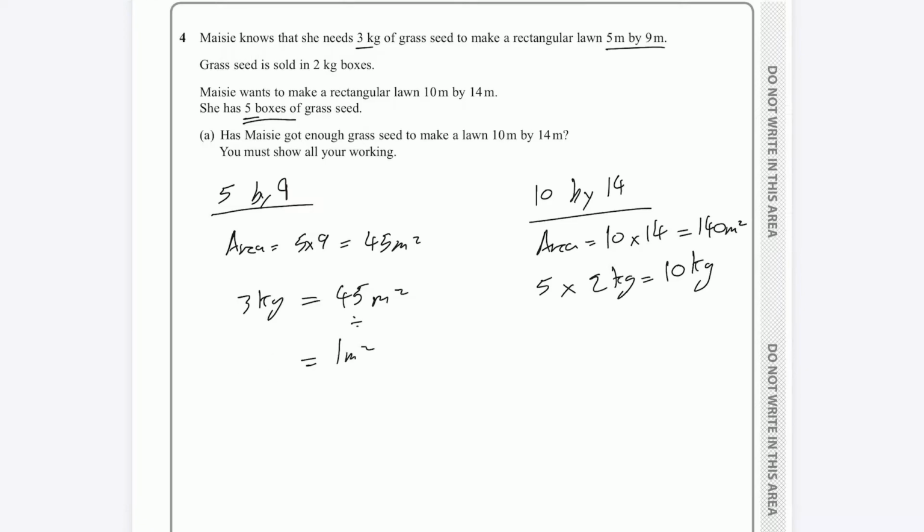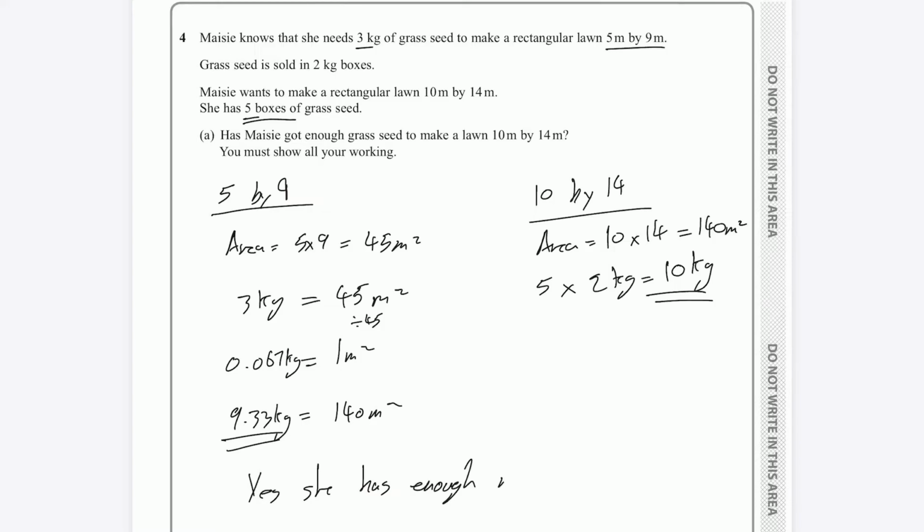So 1 meter divided each side by 45 requires 0.067 kg. And we have 140 meters squared that she needs to cover, and that requires 9.33 kg. So she needs 9.33 kg and she has 10 kg. So has she got enough? Yes, she has enough, and then you would just write that she requires 9.33 kg, but has 10 kg.